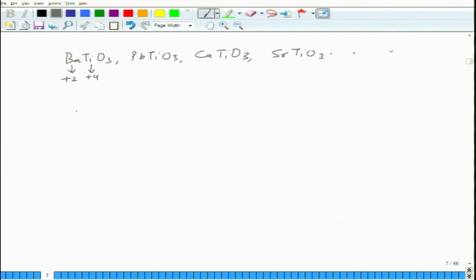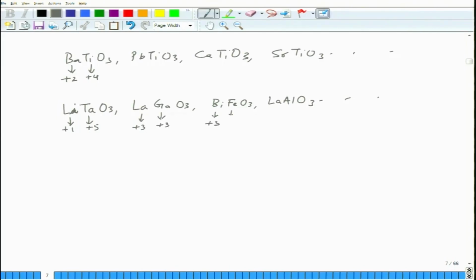For example, you can see LiTaO3, lithium tantalate, and then you have LaGaO3, you have BiFeO3, you have LaAlO3. In this case, +1 and +5. Here you have +3 and +3. Again +3 and +3.